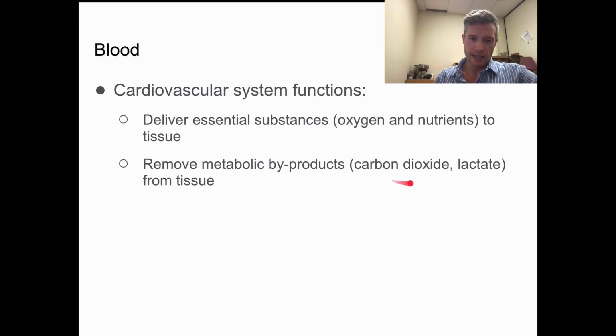So again, we spoke a lot so far in this lecture about carbon dioxide, but in previous sections we were speaking about lactate, right? And blood carrying lactate from cells to the liver to go through the Cori cycle to come back as new glucose for use by tissue. So again, that's a major component or function of blood.